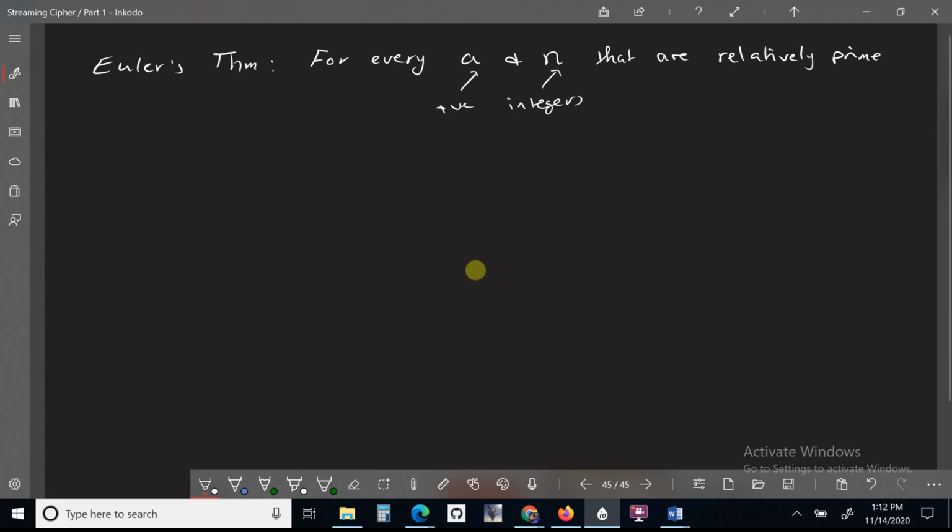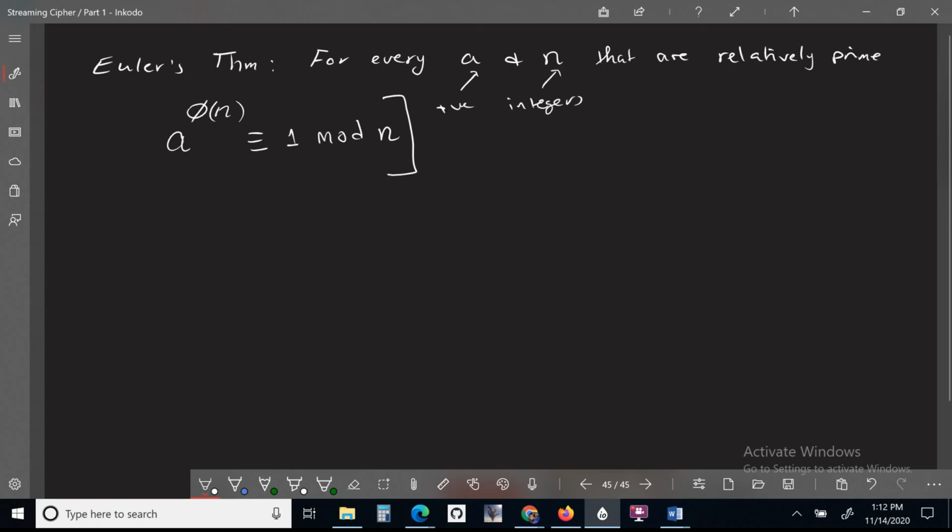The number a to the power phi of n is congruent to 1 mod n.